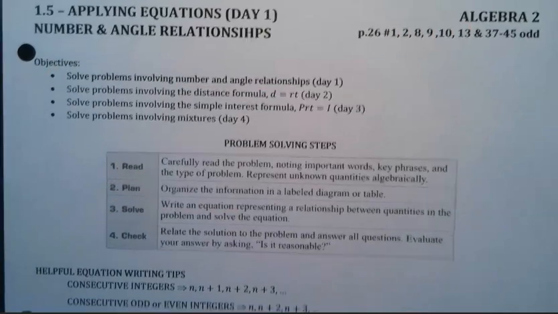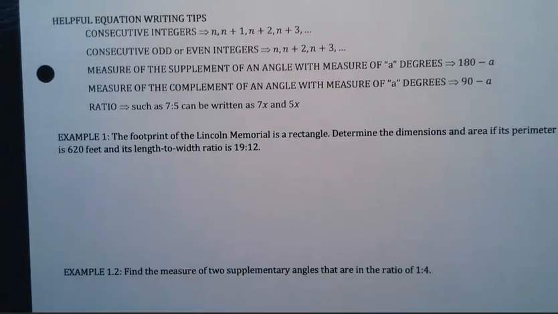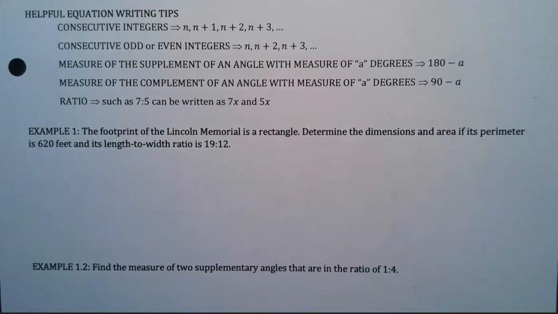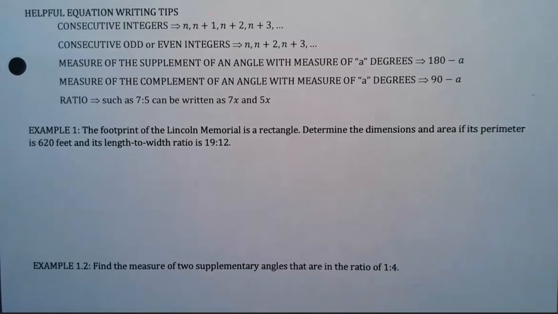Now we have some helpful equation writing tips, and these are super helpful. If you're given a problem that says consecutive integers, you're going to write n, and then the next number would be n plus 1, and the next number would be n plus 2, and then n plus 3.